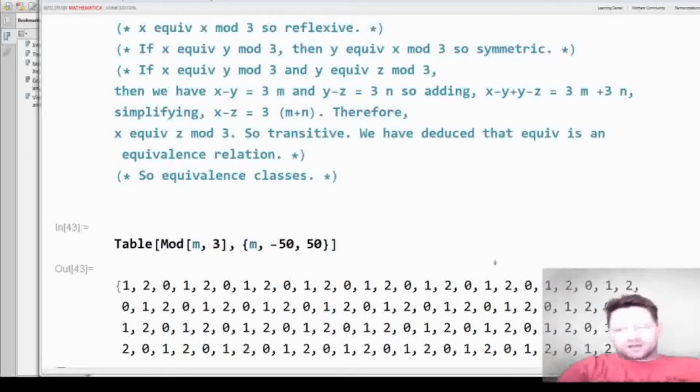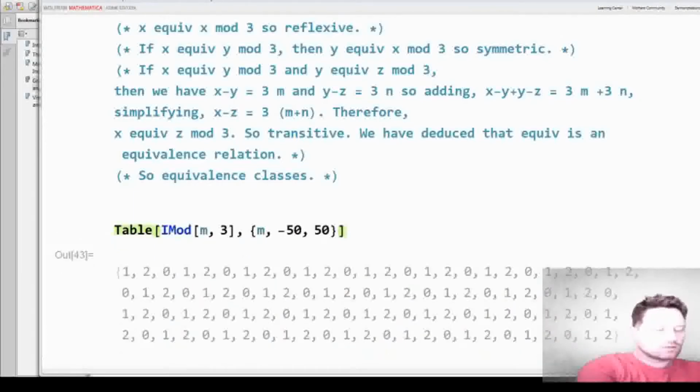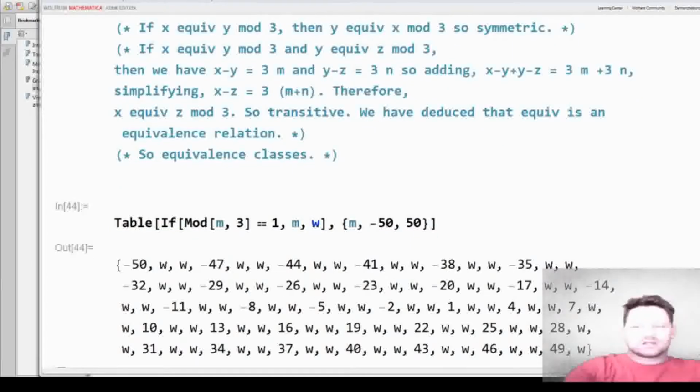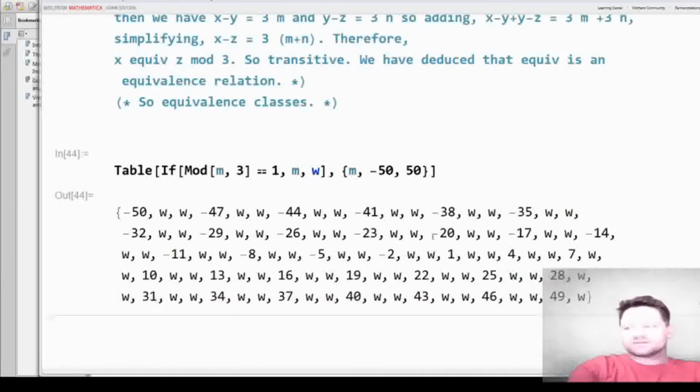Okay, so let's find out what they are. Let's put in if the remainder is equal to 1, then put m, and otherwise let's put something we don't want, say w. So now what do you have?